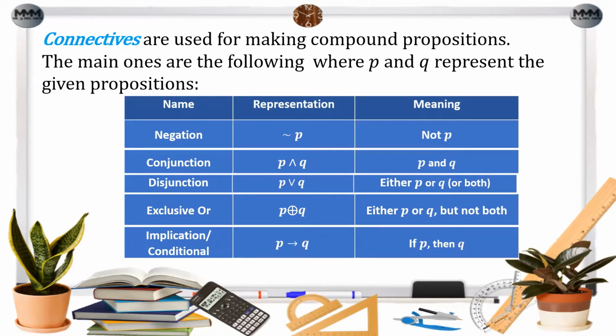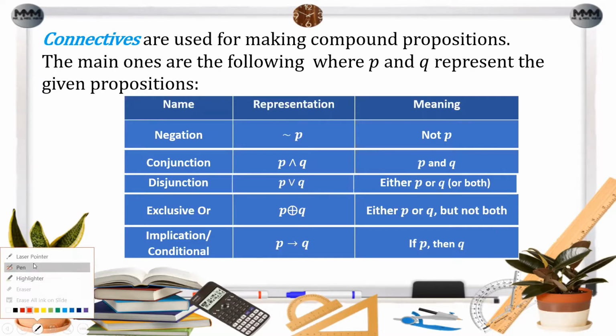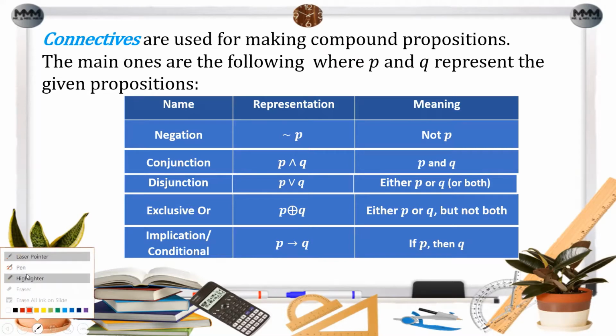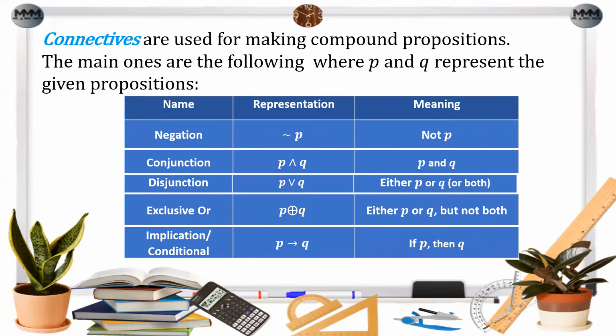Next, we have implication or conditional. So this is the representation. This means if P, then Q. Or we can also read this as P implies Q. Now, P is the hypothesis.